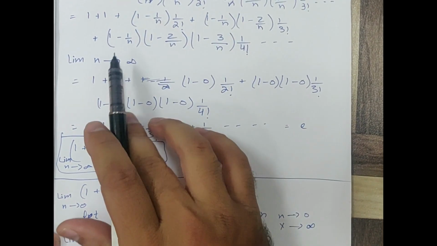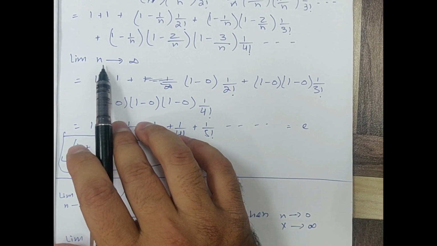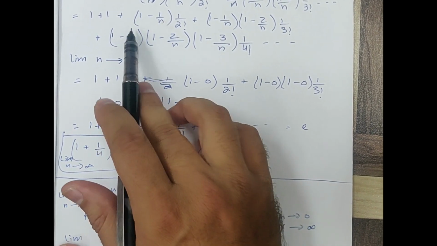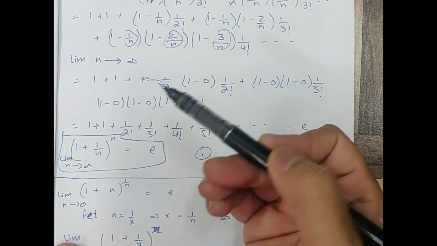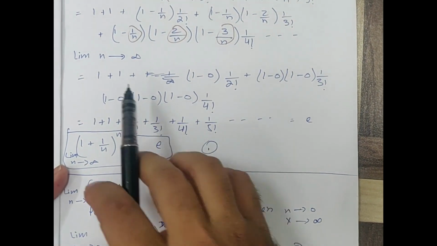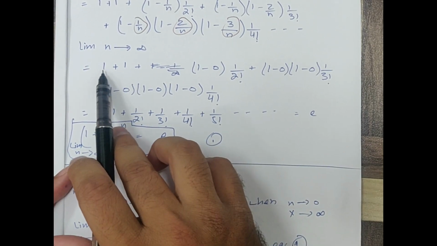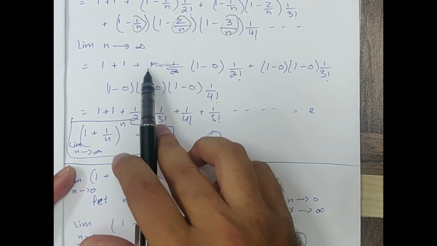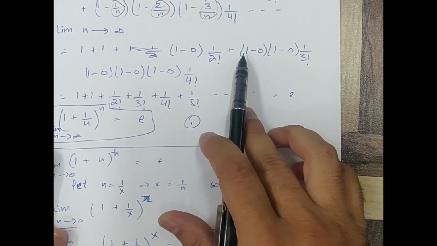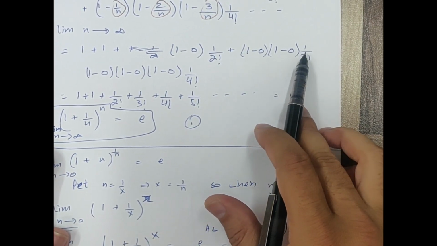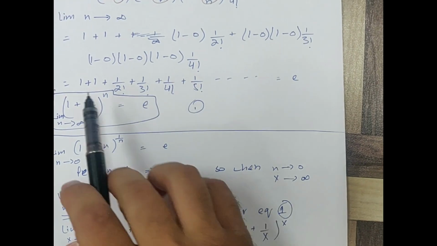Now if I take the limit as n tends to infinity, it eliminates all these terms, because something over infinity is equal to 0. So that's what happens here: 1 plus 1 plus (1 - 0) times 1/2 factorial plus (1 - 0)(1 - 0) times 1/3 factorial, and so on.